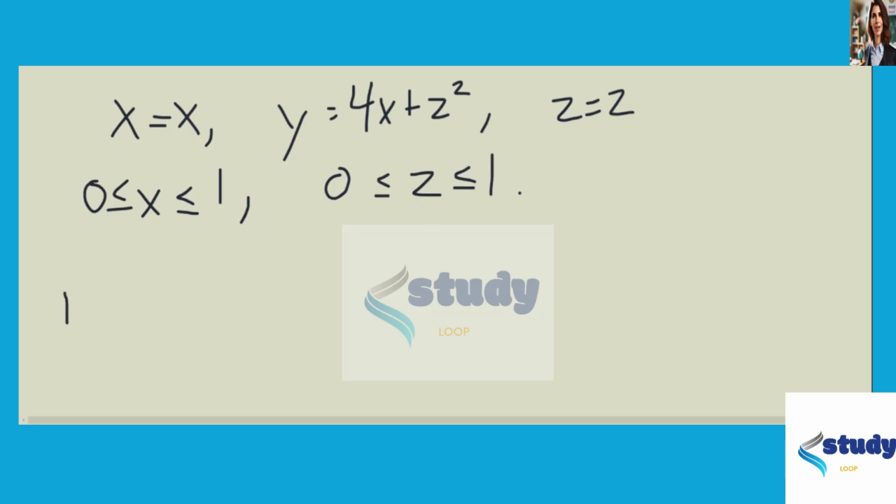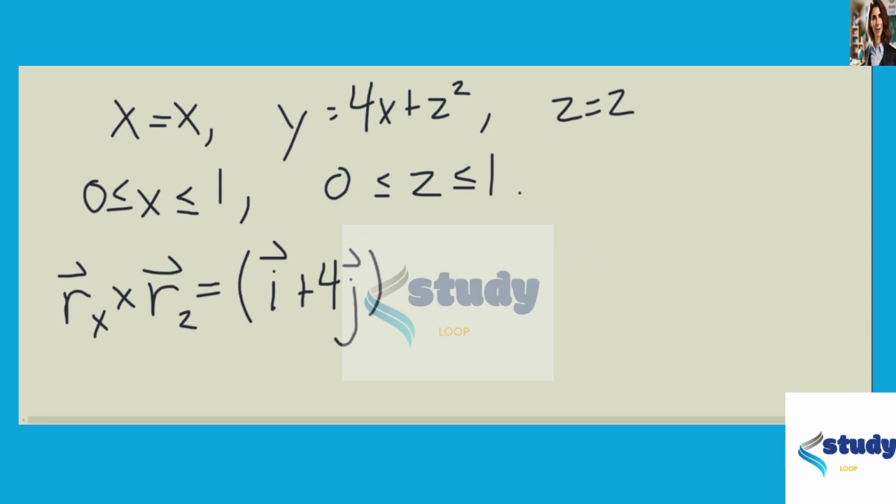And therefore, it follows that Rx crossed with Rz, well, Rx is the vector function whose components are the partial derivatives with respect to x of the components of R. So this is going to be the vector 1i plus 4j plus 0k crossed with Rz, which likewise is 0i plus 2zj plus 1k.